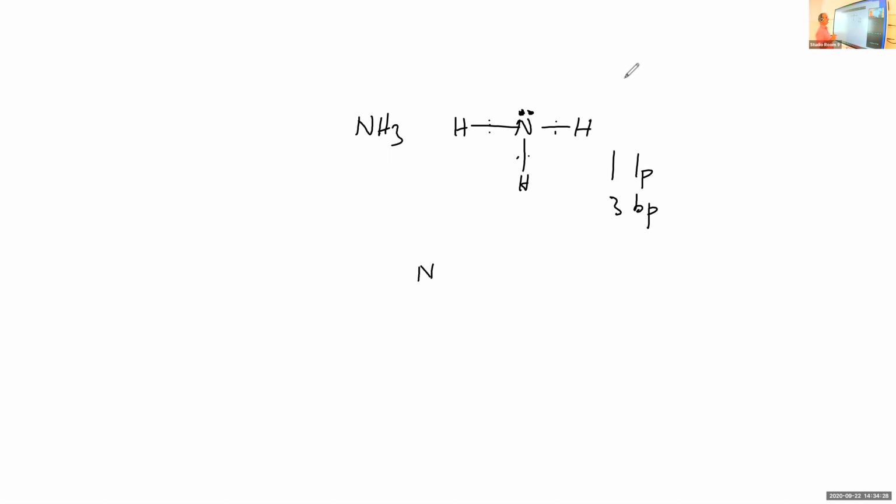There is the nitrogen atom, and here there is a lone pair of electrons. Here there is a bond pair of electrons, here another bond pair, and here a third bond pair. Now you join these ends. Then what you get?